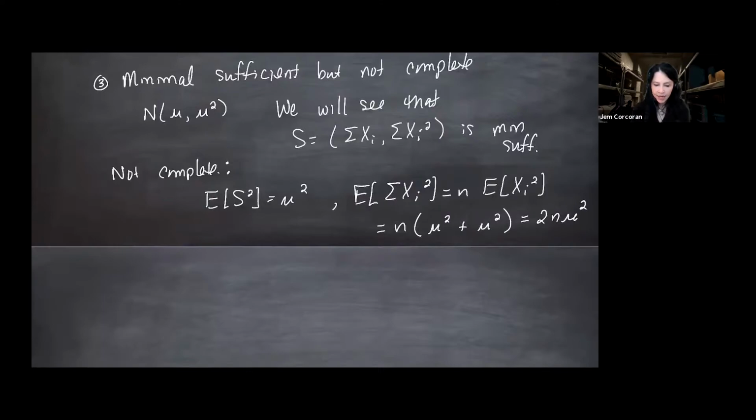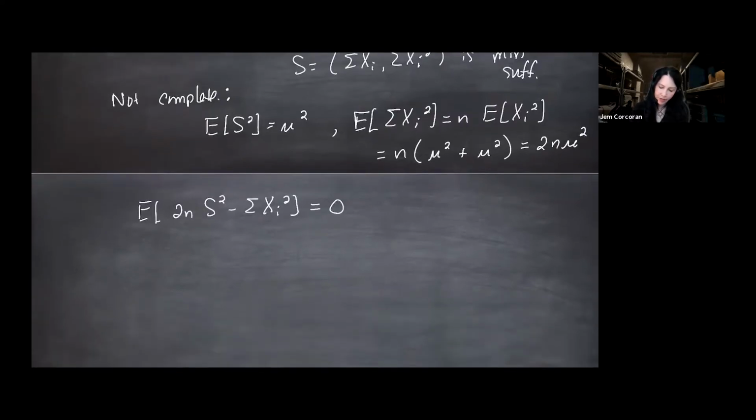So here's a function. Let's check this out. The expected value of 2n s squared minus the sum of the xi squared is going to be 0. So we have done it. I guess we have to convince ourselves that the function is not identically 0.